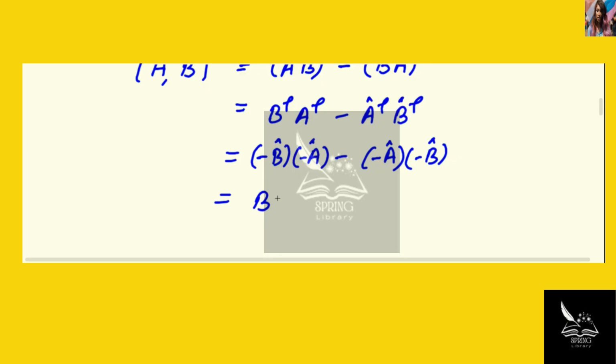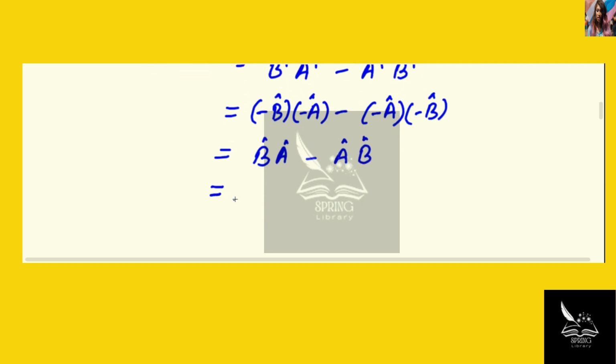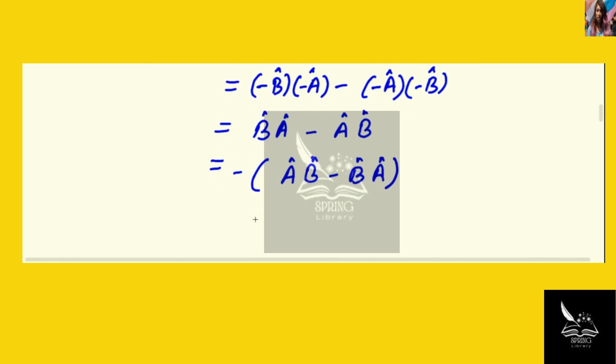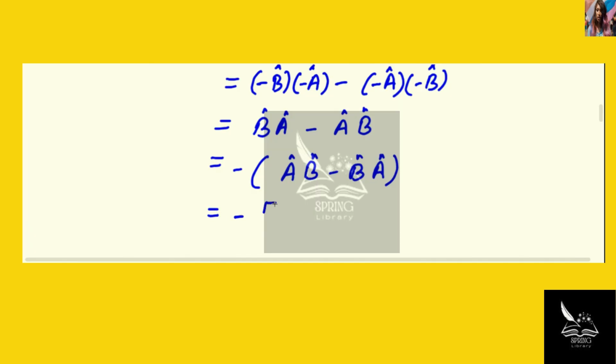So this is BA minus AB. Again we take the minus sign out, then we can write AB minus BA, and this is nothing but the commutator of A and B. So again the commutator of anti-Hermitian operators is also anti-Hermitian.